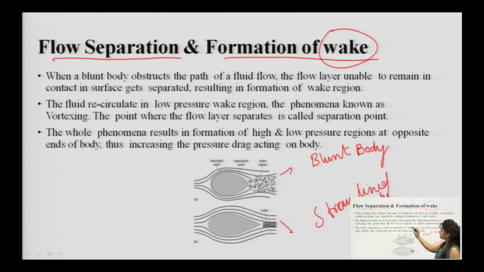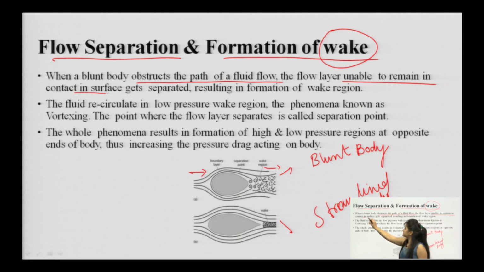And here you can see that when a blunt body obstructs the path of a fluid flow, this blunt body has obstructed the path of this fluid flow which was going, and the flow layer is unable to remain in contact with the surface.